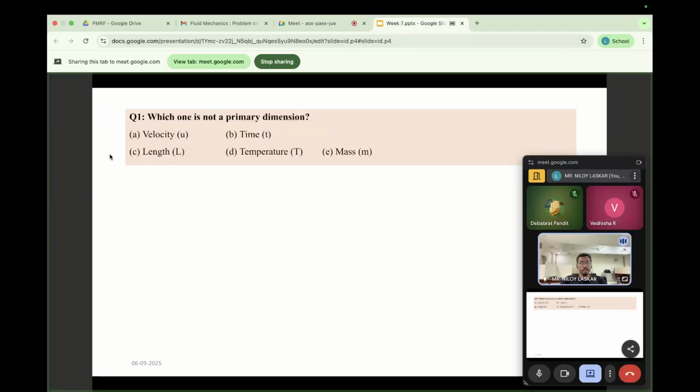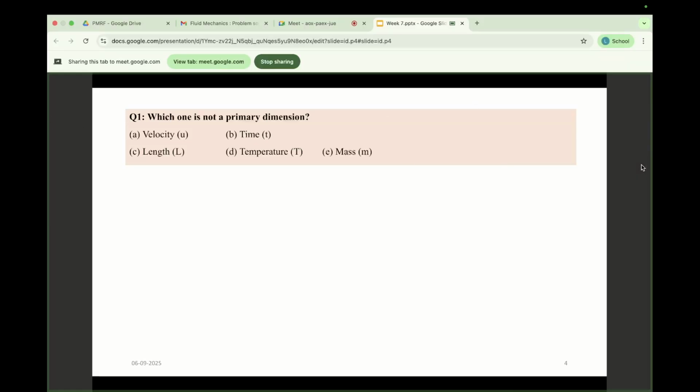So, first, I am giving you this fundamental. Basically, in dimensional analysis, you need to know what the primary dimensions are.